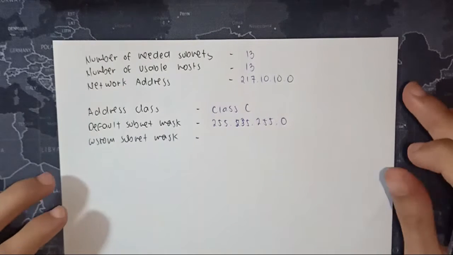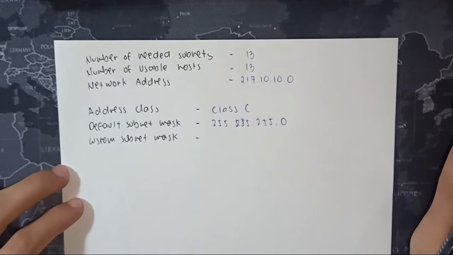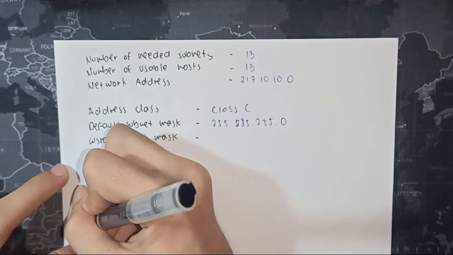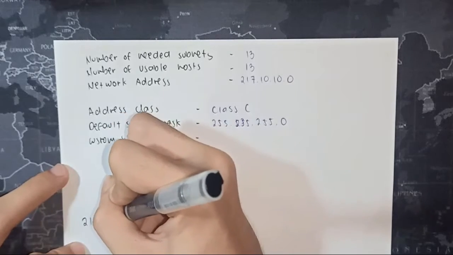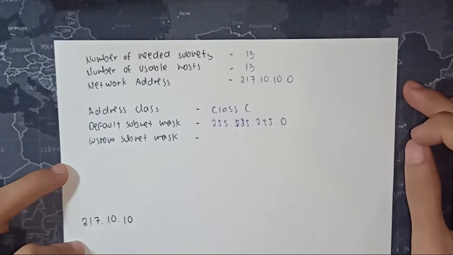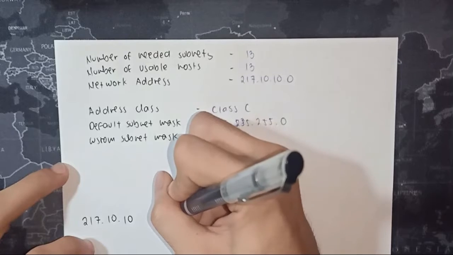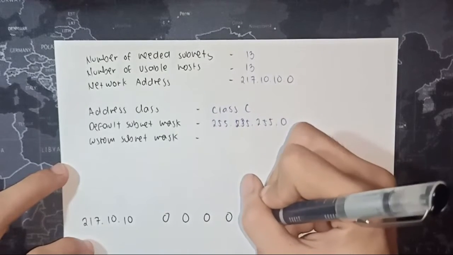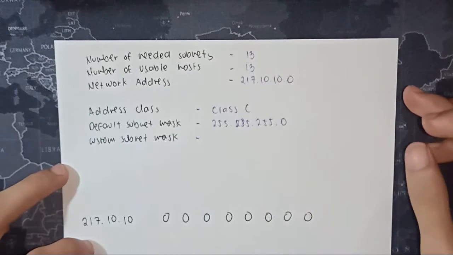In getting the custom subnet mask, we're going first to write down our network address, which is 107.10.10. Then convert the host address into octet. So 0. There we are.